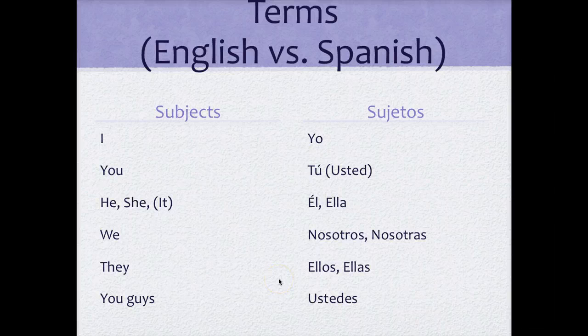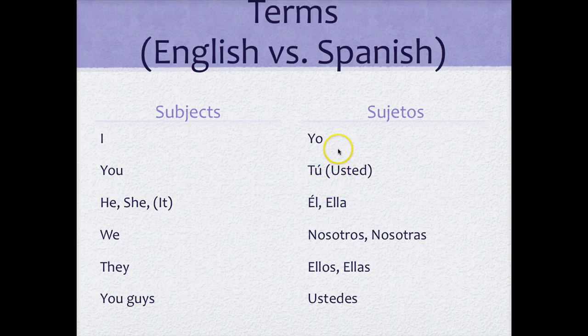So now let's look at these in Spanish. Again, just to review, we have the various subject pronouns in English here in the first column. In Spanish, we have the translation. So I becomes yo in Spanish. You'll notice that there are two forms of the subject pronoun you. The first one is tú, or you informal.